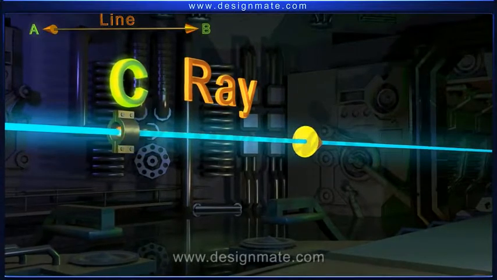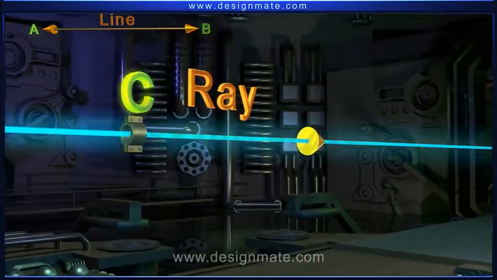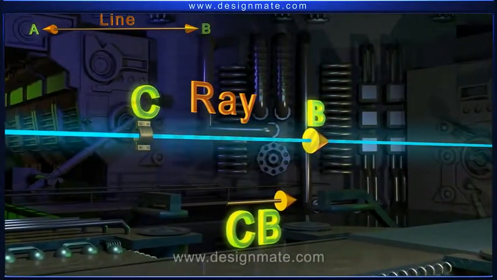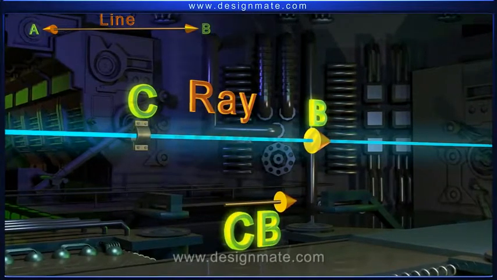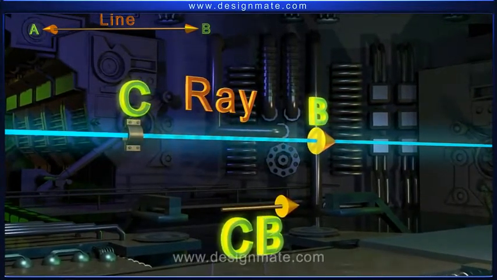A ray is also a portion of a line. It is denoted by ray CB. The initial point or fixed point C comes first, and the direction in which the ray moves is selected as second point. Ray CB, that is the reference points having bar with single arrow on the top.